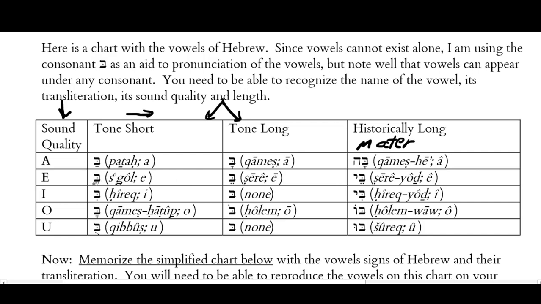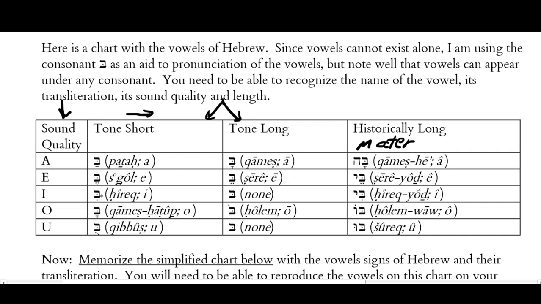The next vowel is called segol, and it has an eh sound. Put it under the bet, and it's be. So repeat after me. Ba, be. Pathach, segol. The third short vowel is called a chirik, and it's a single dot underneath the bet.